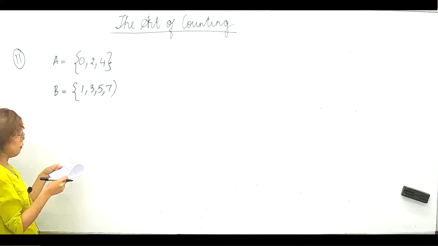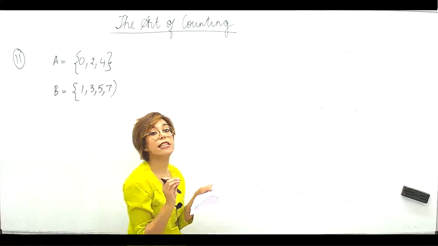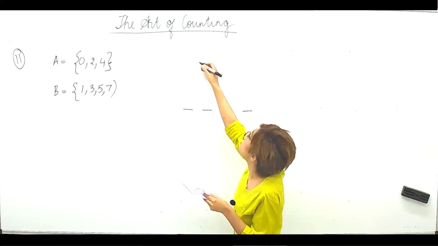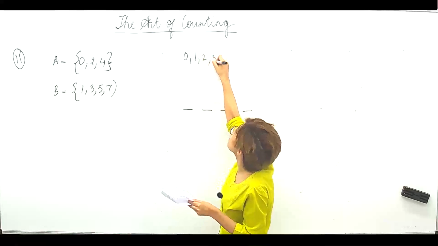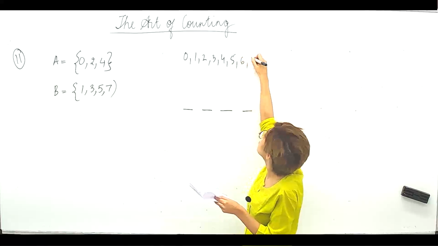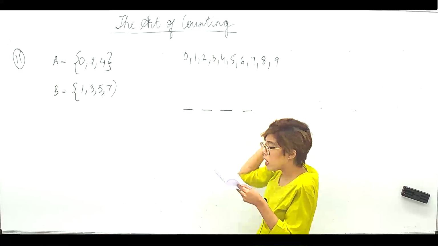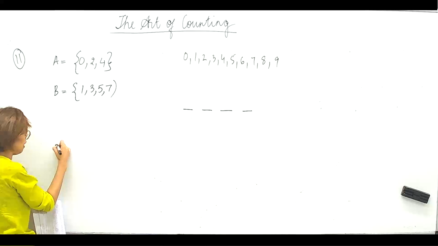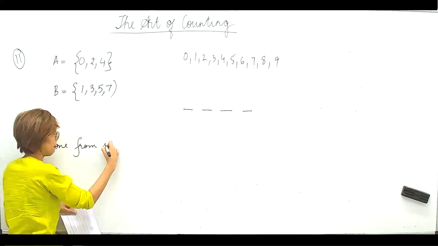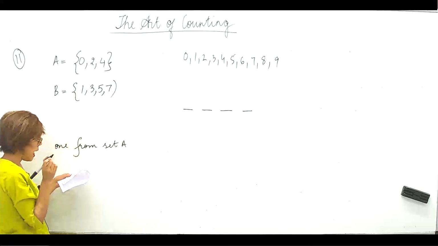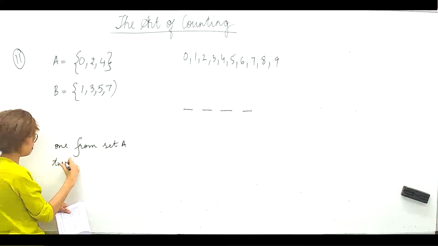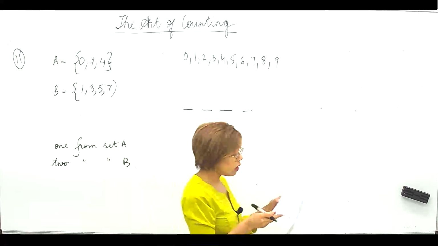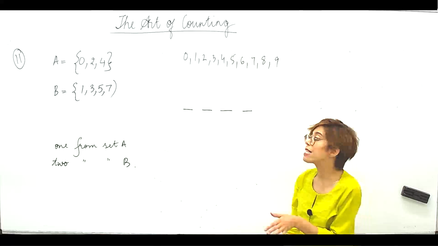Find the total number of ways of selecting 4 distinct digits from the digits 0, 1, 2, 3, 4, 5, 6, 7 and 8, of which exactly 1 from set A, and exactly 2 from set B, right? So I need to find the total number of ways of selecting 4 distinct digits.